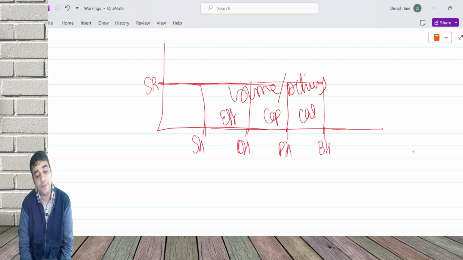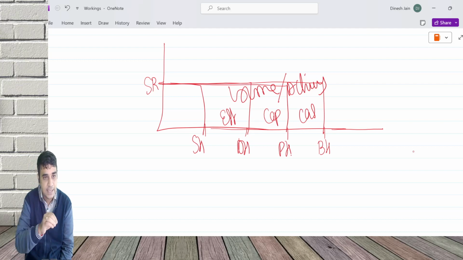What is the formula for efficiency? Look here and tell me. No SR, I don't want any SR. SH, it is division, not minus. SH by AH into 100. Capacity: AH by PH into 100. Calendar: PH by BH into 100.